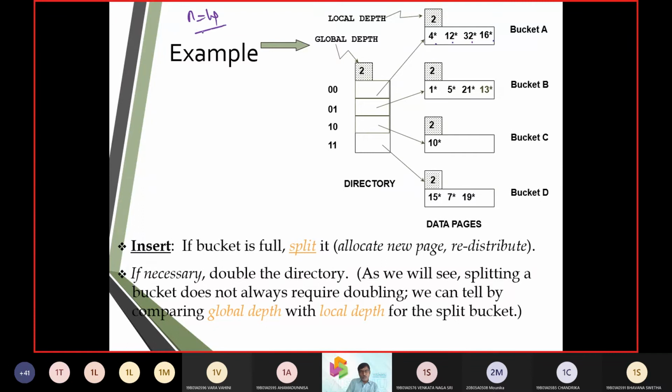N is equal to 4. The array size was 4. So now here I can say the data page was full. If the data page was full, what should I do? You should go and split. At this point, there is no overflow for this item.